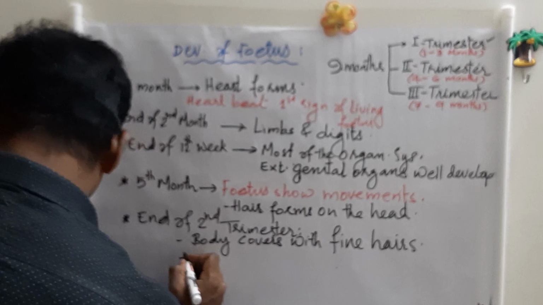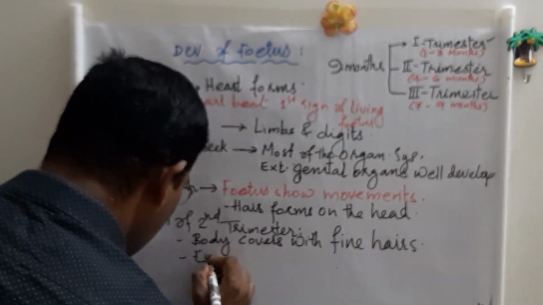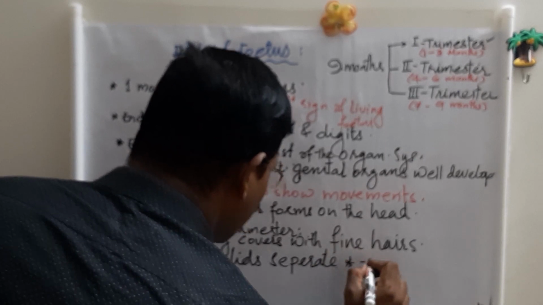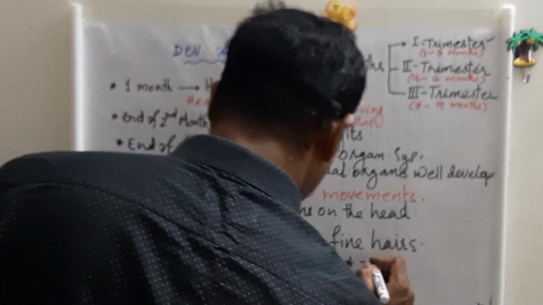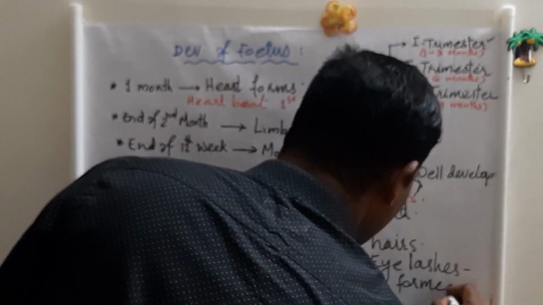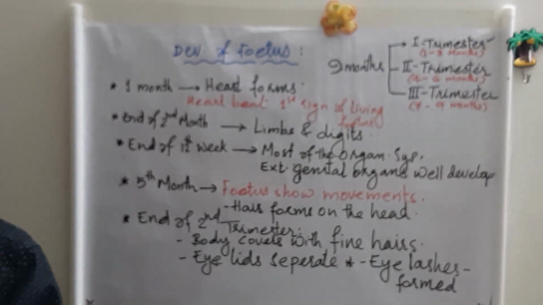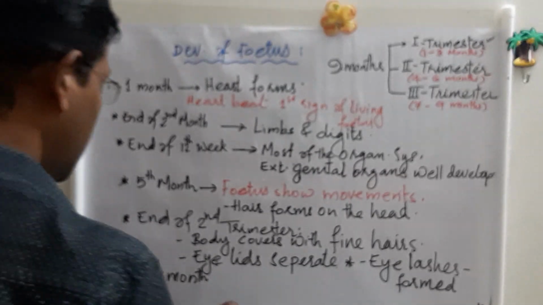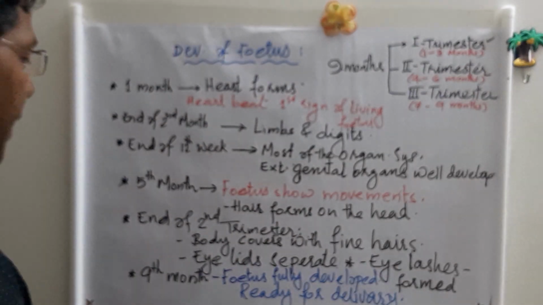Eyelid separates, and also eyelashes are formed. And end of 9th month, fetus is fully developed and ready for delivery or parturition.